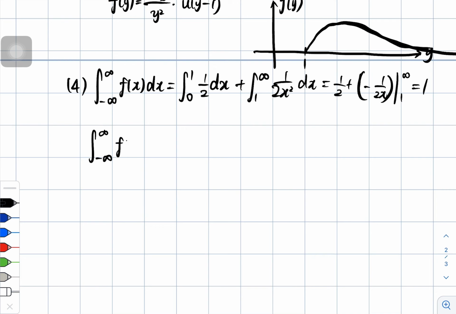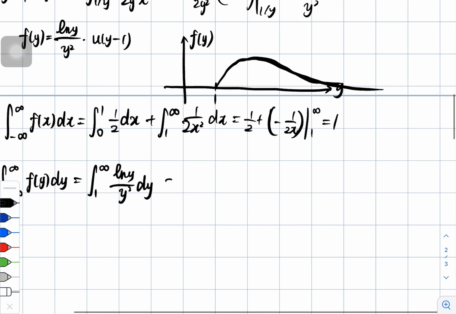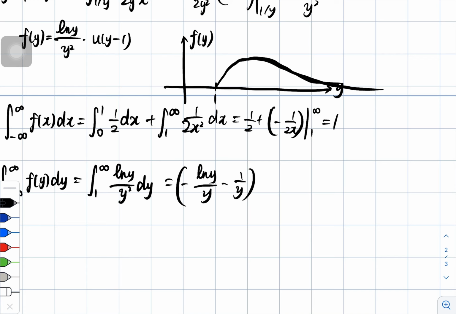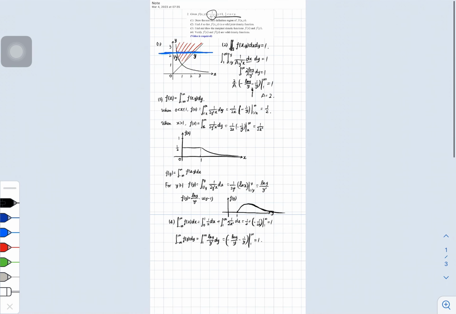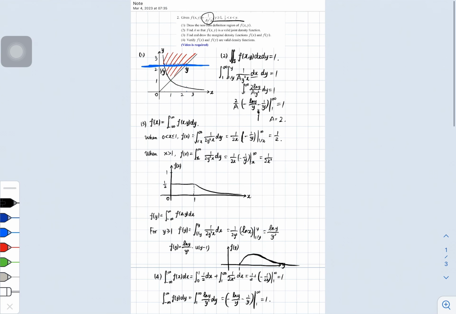For fy, it is something like this. And finally, it is 1. So fx and fy are valid density functions. That's all for this problem. Thank you for your listening.